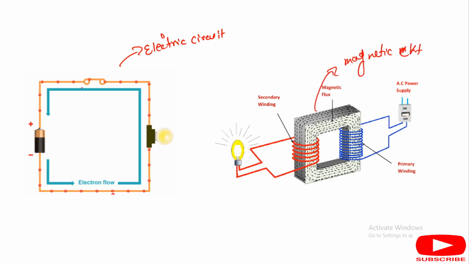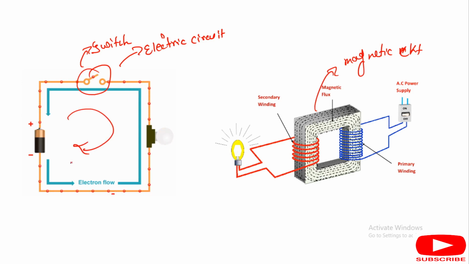When we close the switch, the electric circuit follows the closed path.